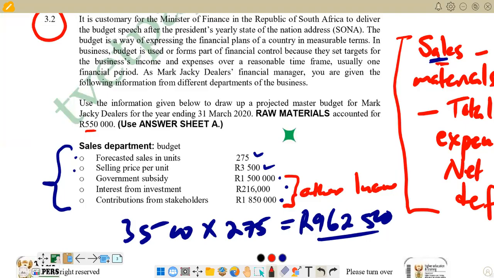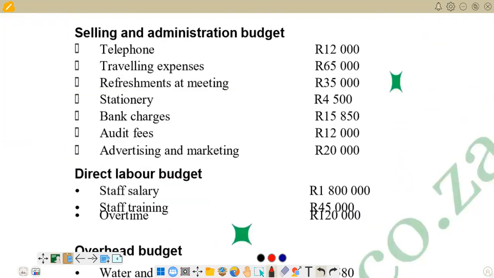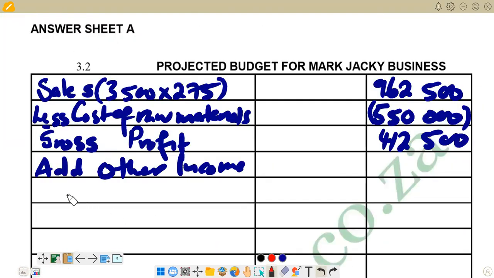So we go back to our answer section. Now we are listing the other incomes that we have there. We can start with interest from investment. We are going to put them here, and then the total will come here. So interest from investment, we got 216,000.